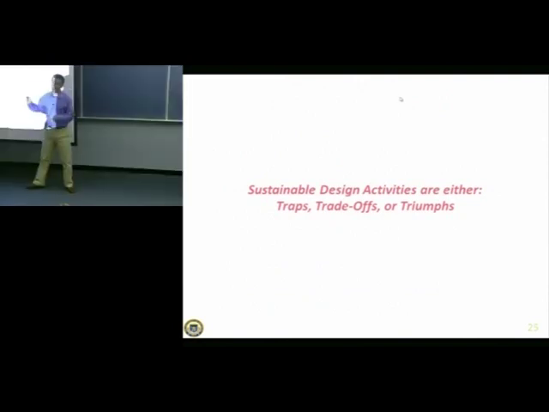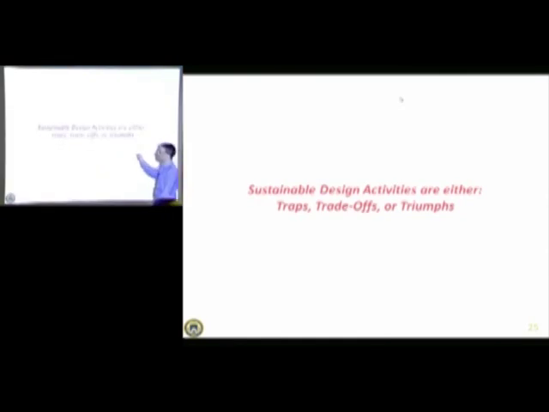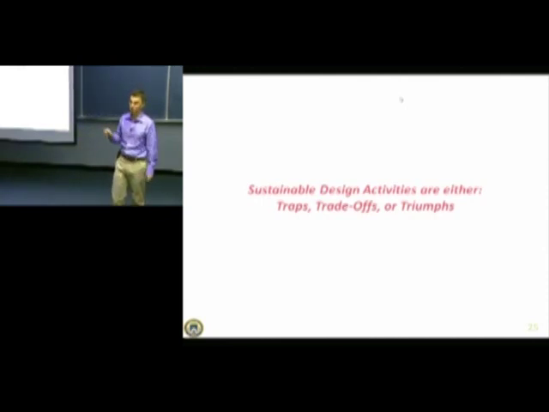So with that in mind, I want to introduce the idea of traps, trade-offs, or triumphs. Okay? And let me, before I move forward in the presentation, just give you a verbal definition of what we mean by traps, trade-offs, and triumphs.